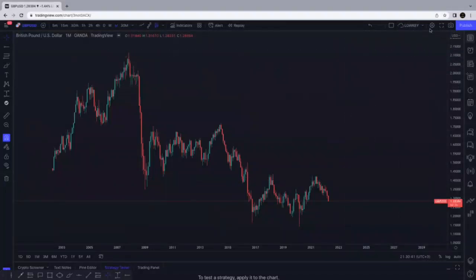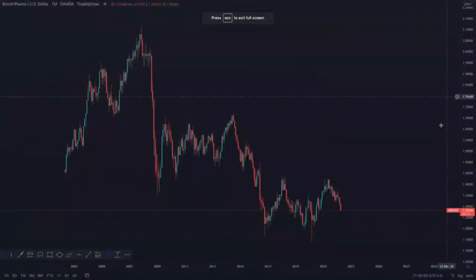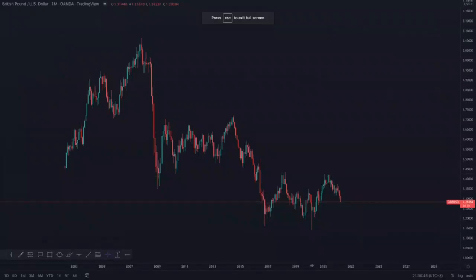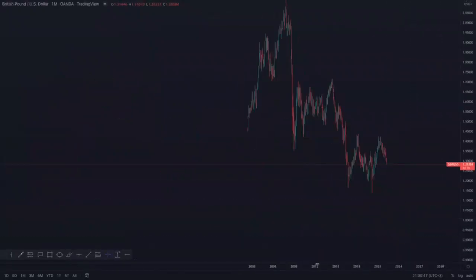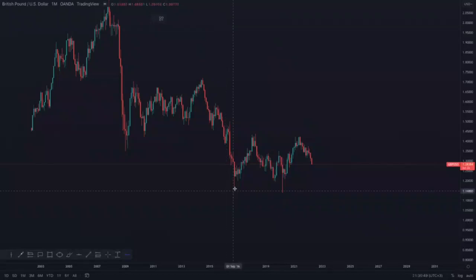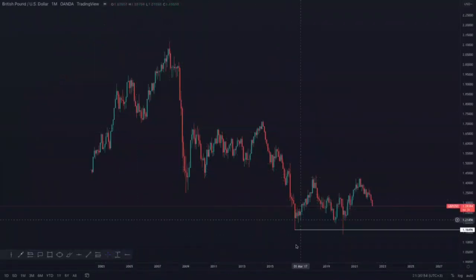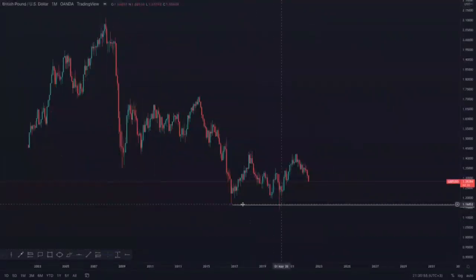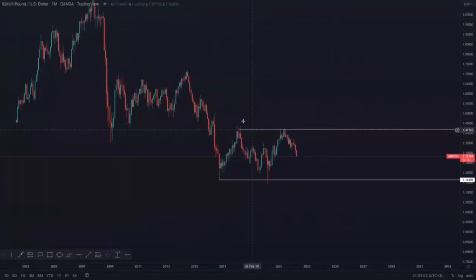So when you look at GBP USD, we can see that we broke structure right here. We are in a downtrend, and we made a confirmation that we have a high possibility of creating more lows. At the same time, we came to respect our structure retest up here.